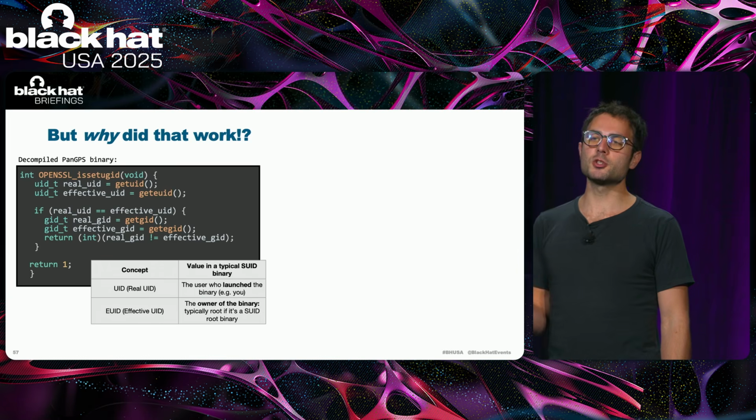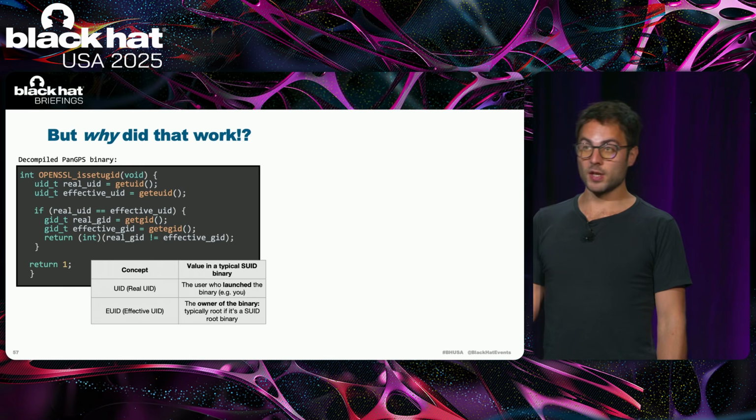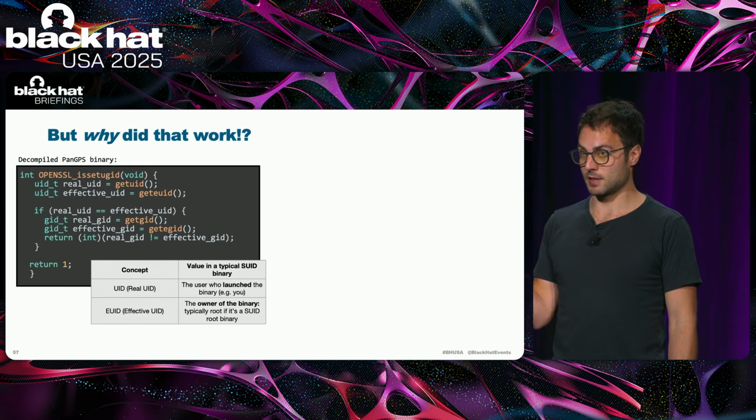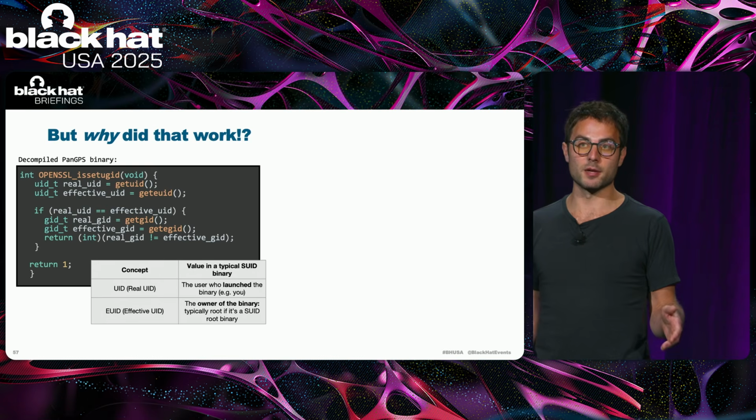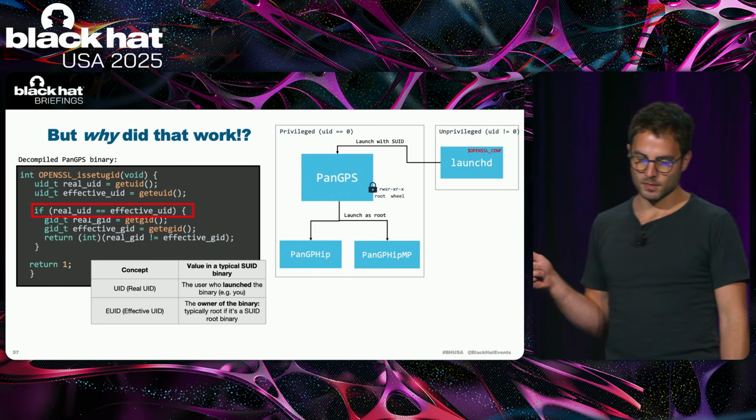It's all to do with how you know that you're setuid. And that involves looking at the real UID or the effective UID, which, as you can see here, the real UID is who launched it, and the effective UID is the owner of the binary, i.e. root in this case. And let's come back to a picture I showed earlier. Think about this.